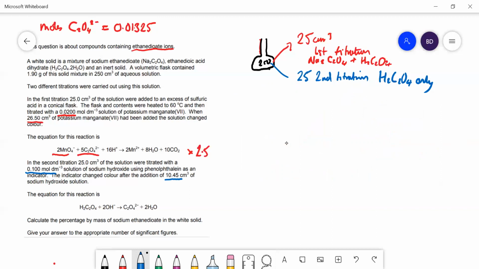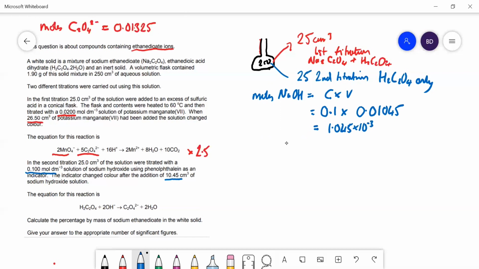Moles of NaOH is concentration times volume: 0.1 multiplied by 10.45 centimeters cubed converted into dm cubed, which is 0.01045 dm cubed. That equals 1.045 times 10 to the minus 3 moles of NaOH.